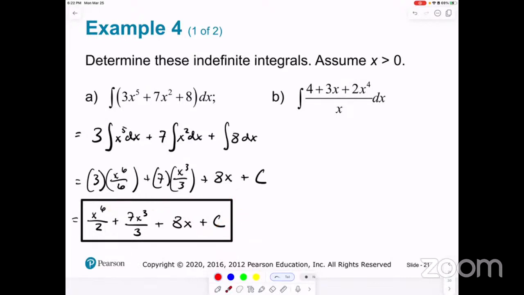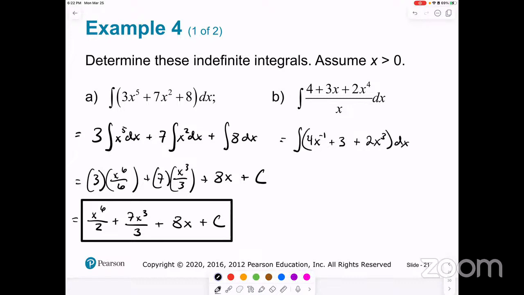Okay. I think for B, I'm more inclined to distribute, since we're dividing by a monomial. Whenever we're dividing by one term, we can essentially distribute that across the numerator, right? So we can rewrite this integral as 4x to the negative 1, plus 3, plus 2x cubed, dx.